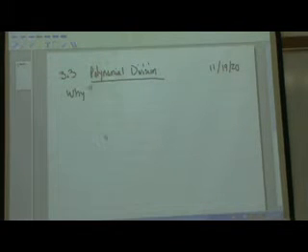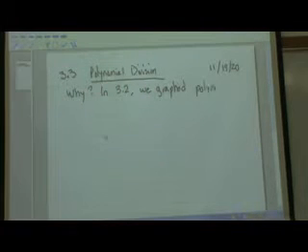relative to what we've previously done, in section 3.2, we graphed polynomial functions. And when we graphed them, we found a variety of information before we drew the graph.